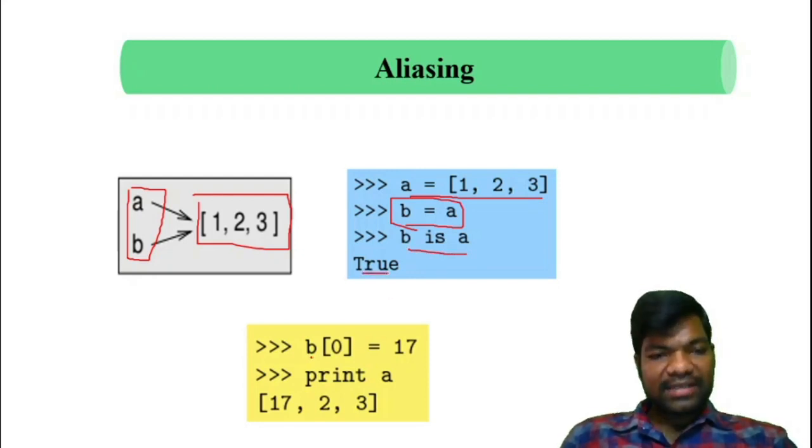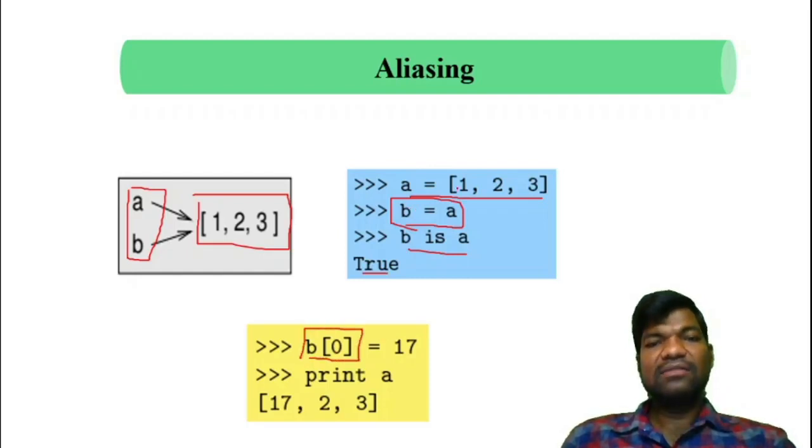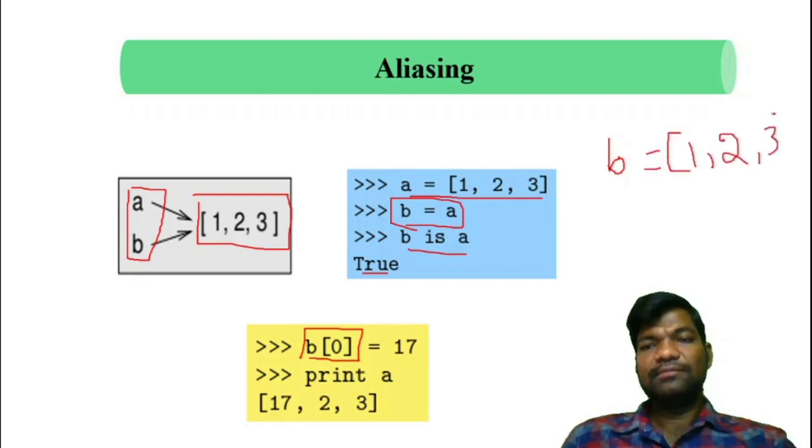Now check this: B of 0 equals 17. B is 1, 2, 3, and B of 0 is now 17, so 17, 2, 3.